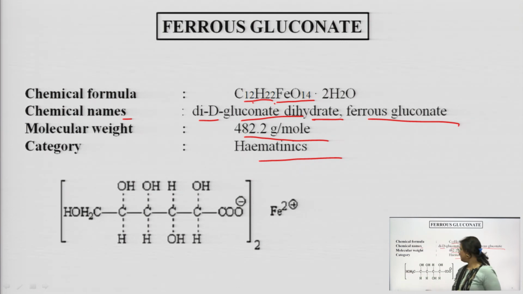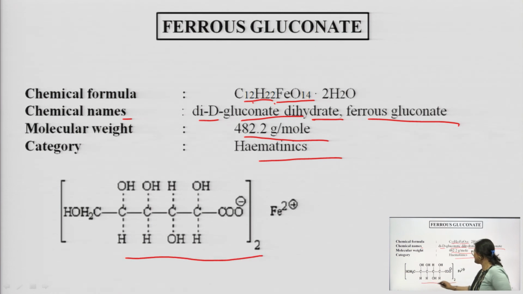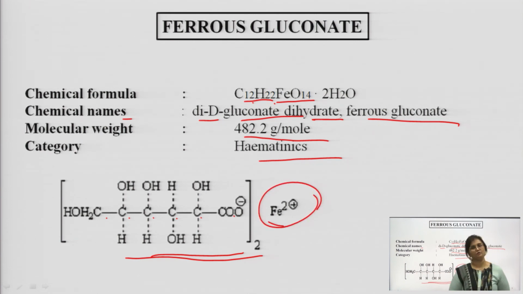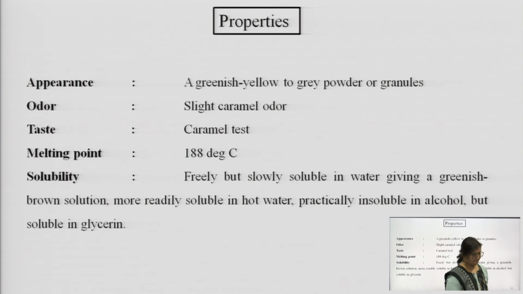This is the molecular structure of ferrous gluconate: 6 carbon atoms attached to a ferrous molecule, Fe2+. Ferrous gluconate is a greenish yellow to grey powder with a slight caramel odor.